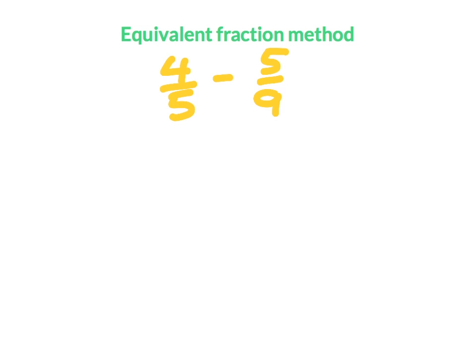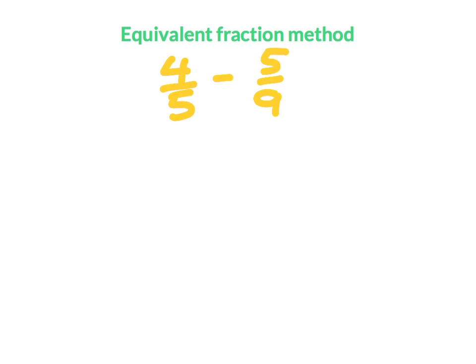Okay, so our new denominator is going to be what? 45. So what are we going to multiply 5 with that will give us 45? That's 9. What are we going to multiply 9 with that will give us 45? That's 5. So technically you're multiplying each fraction by the opposite denominator.